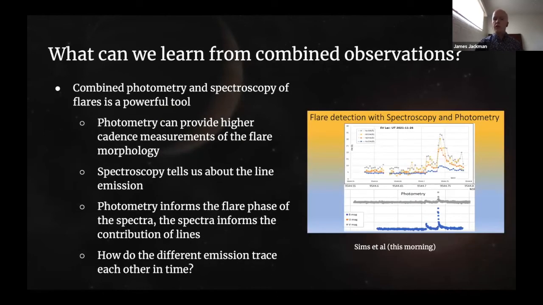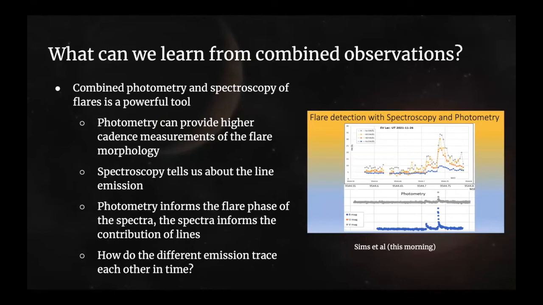But combined photometry and spectroscopy of flares is a particularly powerful tool. The photometry can provide high cadence measurements of the flare morphology, informing us of the impulsivity of the flare. And importantly, when combined with spectroscopy, it can tell us the precise phase of the flare that a single spectrum was obtained in. It can tell you whether a spectrum occurs at the flare rise, whether it occurs solely during the flare decay, or whether it's some combination of the two.